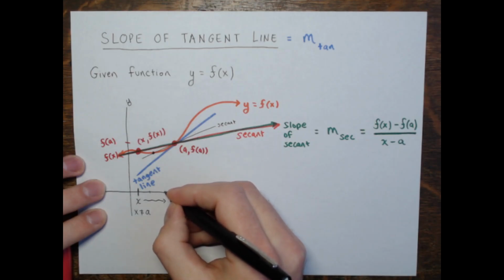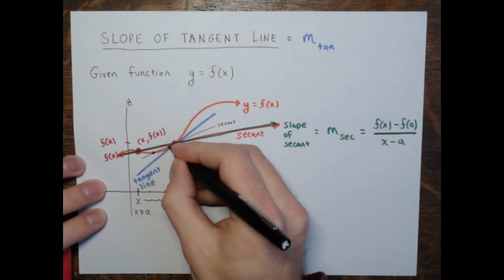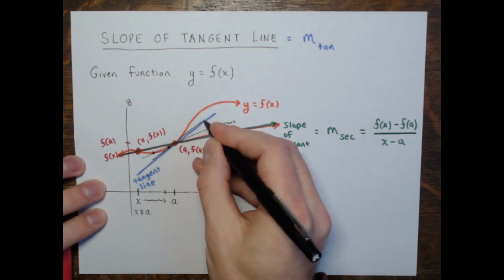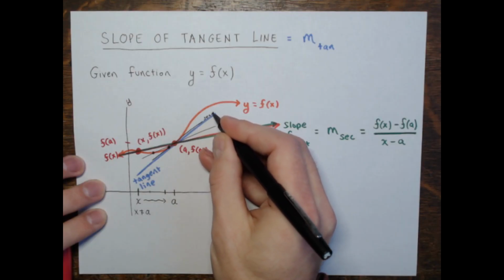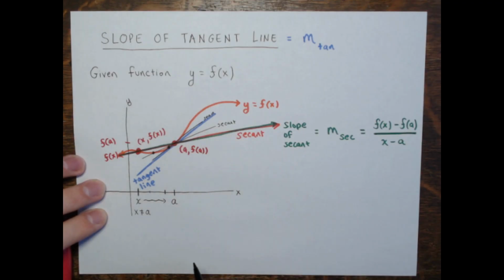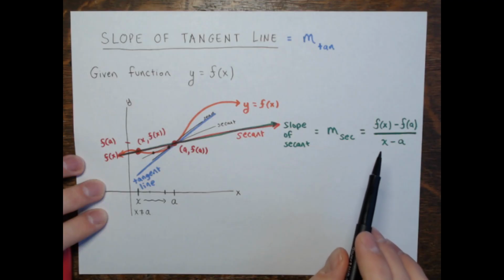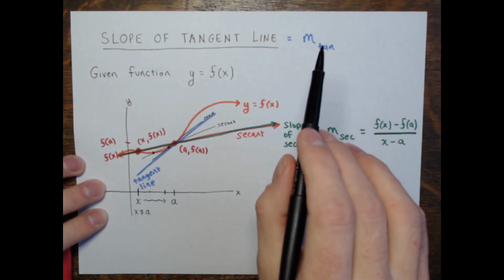Now if I'm really close to a, if this were my x value, I'd be at this point on the curve, and then this would be my secant line. And you can see that the secant there is very close to being the tangent. So what we're doing is having this x value that's not a get closer and closer to a, and then the slope of the secant line should be getting closer and closer to the slope of the tangent line.